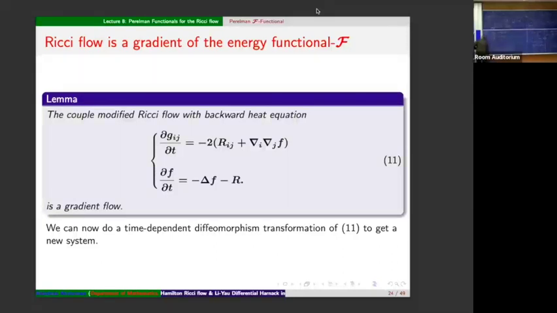So here, if we take any time-dependent effect of it, you recall that we have a Lie derivative with respect to this Xt of g.